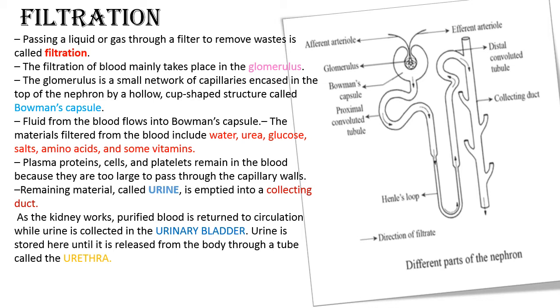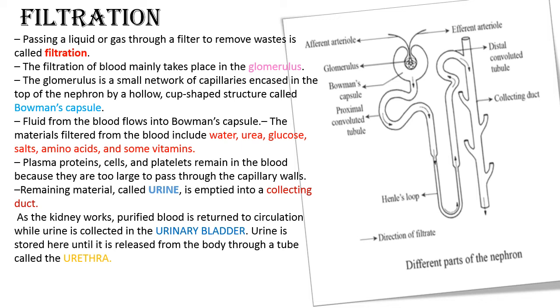Now, plasma proteins, cells, and platelets remain in the blood because they are too large to pass through the capillary wall. The remaining material is called urine, and the urea is excreted from the blood and empties into the collecting duct.